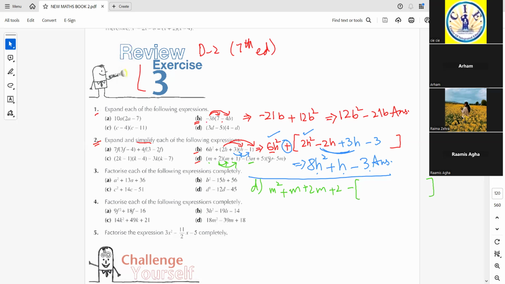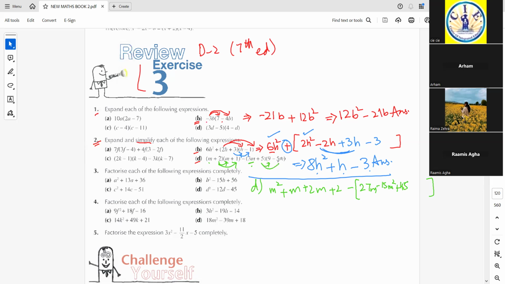Now this 3m is to be multiplied with 9. 3 nines are 27m. Then this 3m is going to be multiplied with negative 5m. So that will give me negative 15m squared. And then 5 times 9, 45.